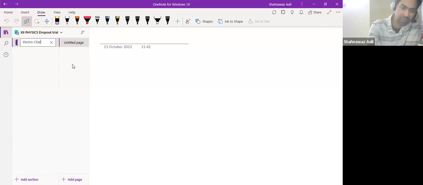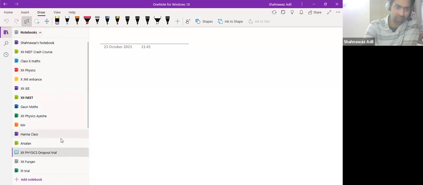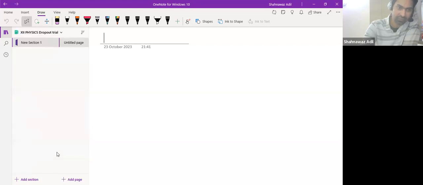We are doing the second book in the previous batch, so simultaneously we will do the first book in this class, and we'll do the second book in the other class. In this way we will complete the syllabus.